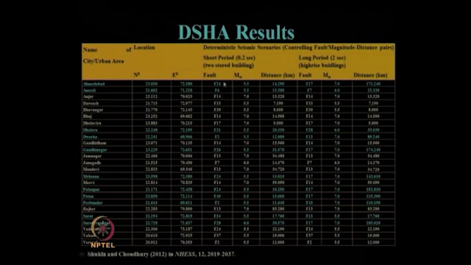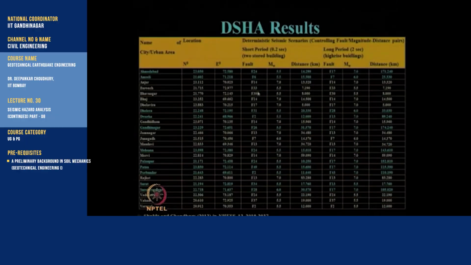For Bharuch city, whether it is short period or long period, the dominating fault, which dictates the results, is F33, fault number 33, in both the cases, and the value of MW and distance are also the same, 5.5 and 7.19. Can you see that?